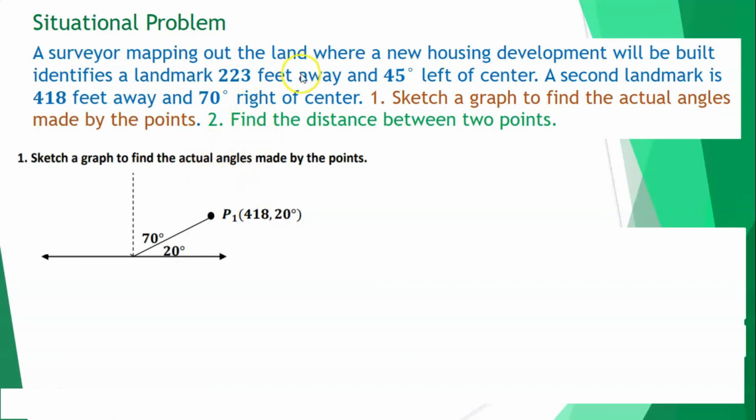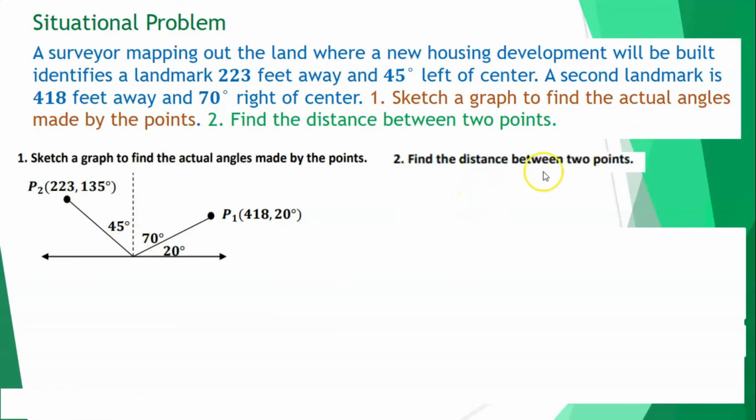Now, another given here is 45 degrees left of the center. So to the left of the center is 45 degrees, and it is 223 feet away. So in this case, this is 223 feet at a 135-degree angle. So why is it 135? Because we'll always start at the positive x-axis. So adding all of this, we will end up with 135 degrees.